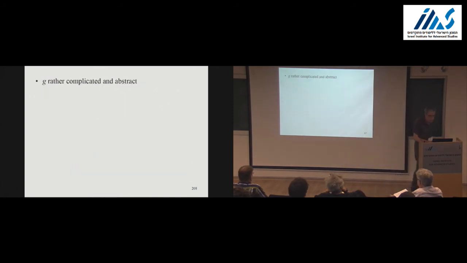Now, of course, this is a game that no one would ever really want to play. It's really an existence theorem. It's not intended to be taken literally, but it's a useful existence theorem because it tells us basically what can be implemented and what can't.